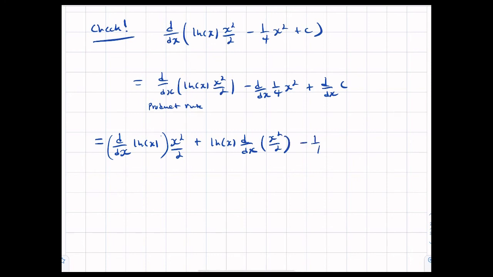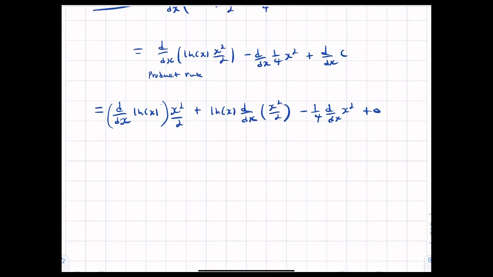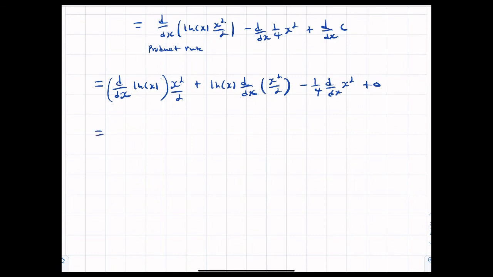And then minus 1 over 4 d by dx of x squared. I can pull the 1 over 4 out. And then plus 0. The derivative of a constant is 0. And the derivative of ln of x, of course, is 1 over x. So I get 1 over x times x squared over 2 plus ln of x times the derivative of x squared over 2, which is, of course, 2x over 2. And then this is 1 over 4 times the derivative of x squared, which is 2x.